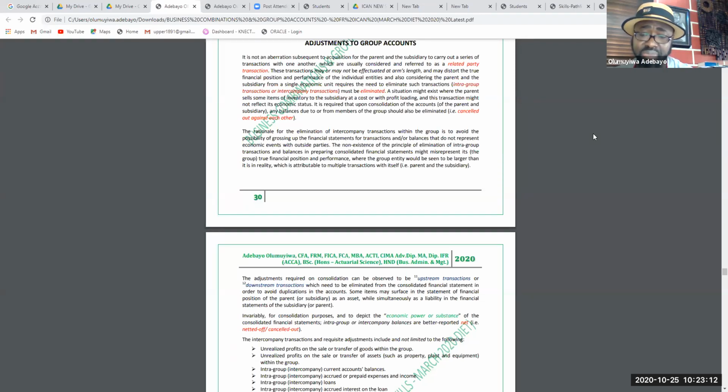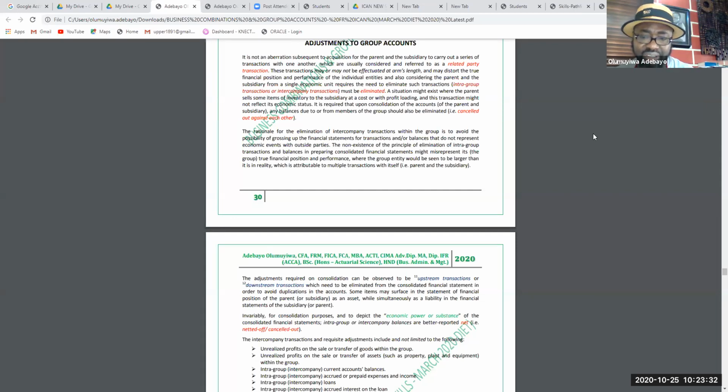Let's say they agree at 12%. It pays both parties. It pays the subsidiary to borrow less than the market rate, and it pays the parent to give a loan at an interest above what the market is giving. This is how you draw synergy within the group.